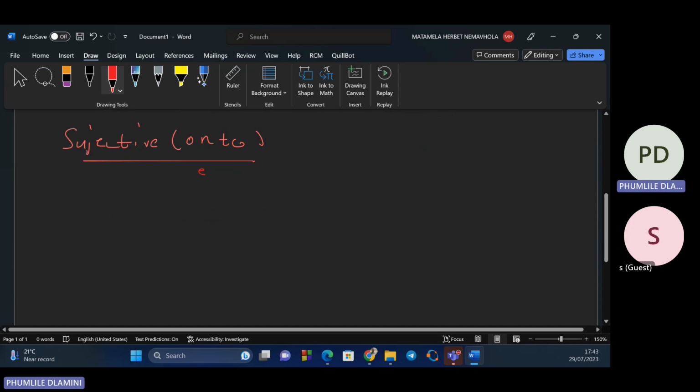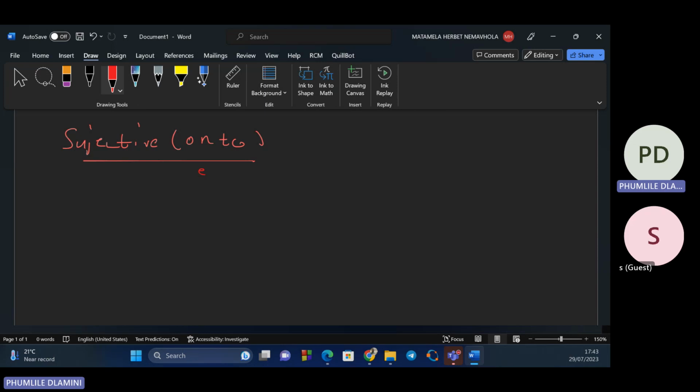A function is surjective if every element in the codomain has at least one pre-image in the domain. In other words, the function covers the entire codomain. So what exactly do we mean by that? I'm just going to go straight to proving whether this function is surjective.